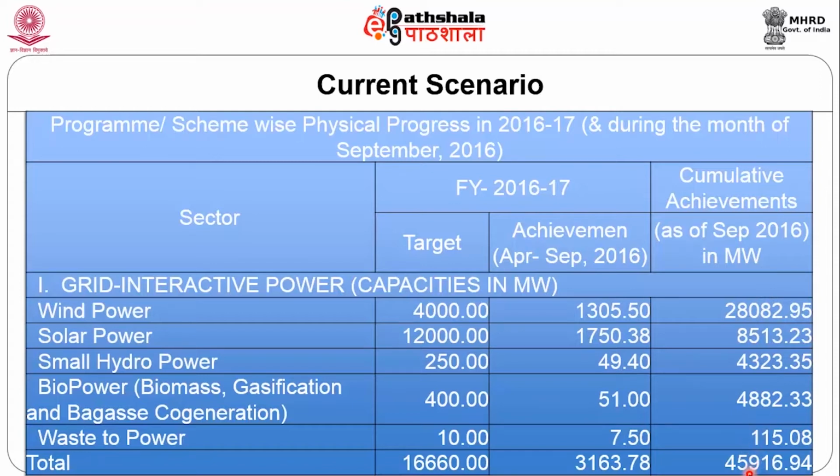Through all the renewables together we could generate say 45,916.94 megawatt of electricity, out of which 60% is from wind energy in the Indian energy scenario. Among all renewable energy sources, wind is playing a vital role.